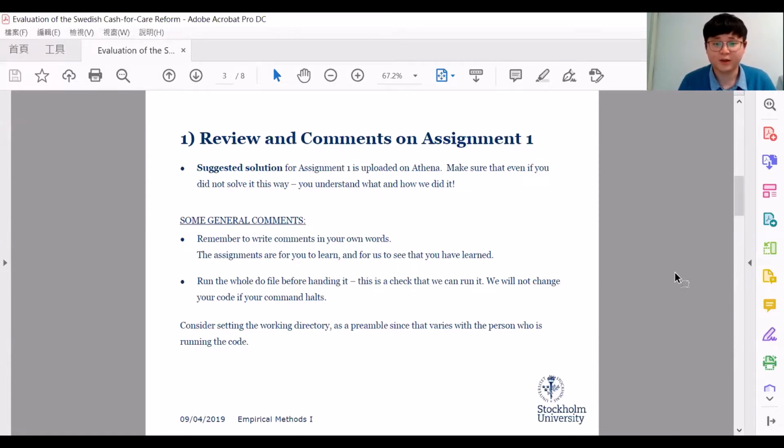And there's one thing that I would like to remind you, because in the empirical exercise, the most important thing is to give the answer to the questions. So the point is not the code itself, but the answers for the questions. For example, the question asks for the 95% confidence interval.